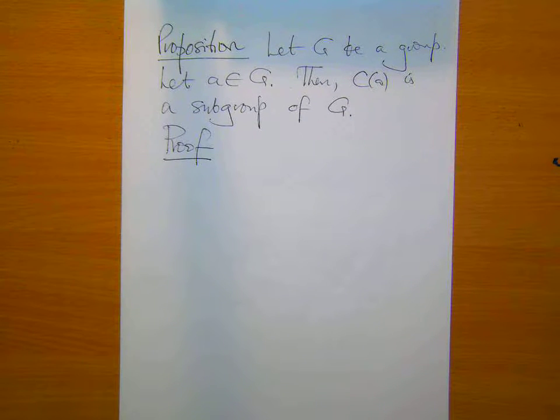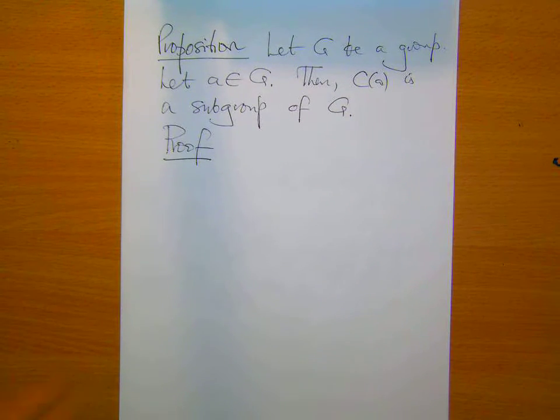So remember, there are three things to check. We've got to check that the subset is closed under the binary operation of G. We have to check that the identity element is in there, and we have to check that for each element in there, its inverse is also in there.